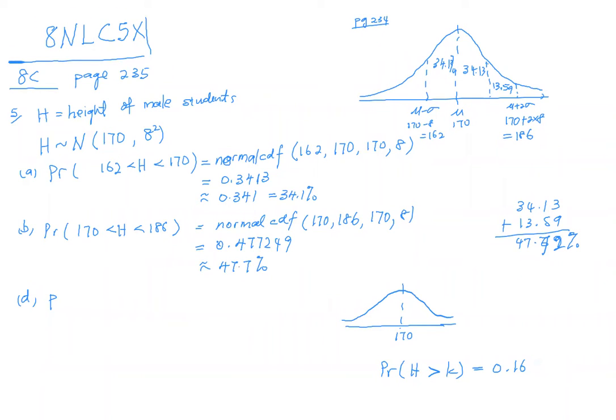It is lesser. Lesser than. Okay. If you say K is lesser than 170, okay, let me show it to you. K is lesser than 170. That means K is here. I want greater. So I have to shade the area to the right. My question is, can this area be 0.16?